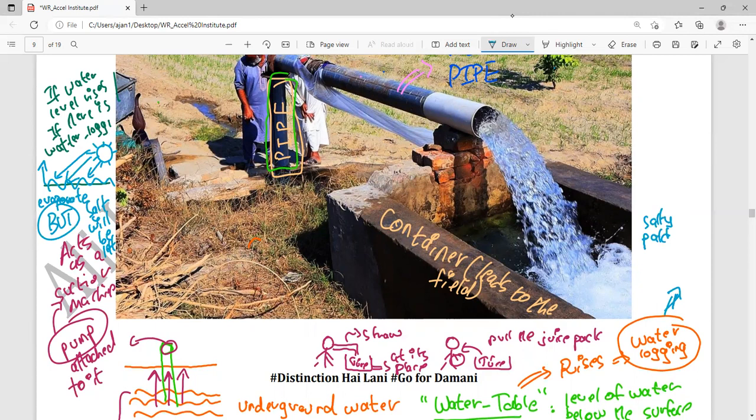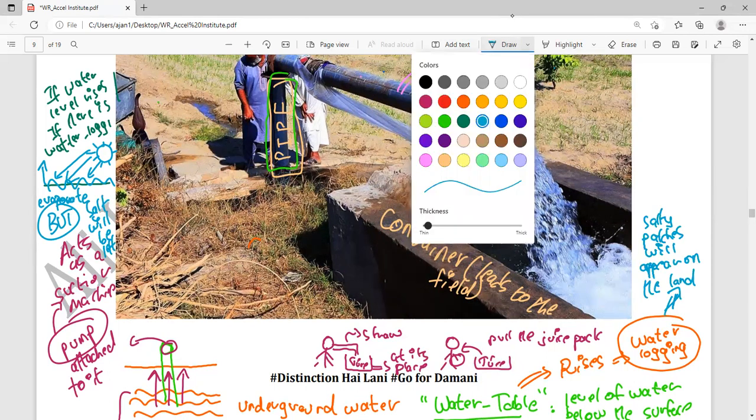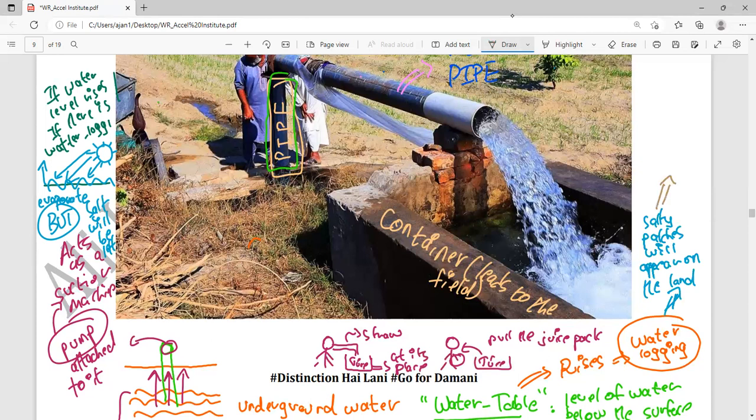In geography, the examiner says we want candidates to use one word for this, and it's called salinity. Does that make sense to you?